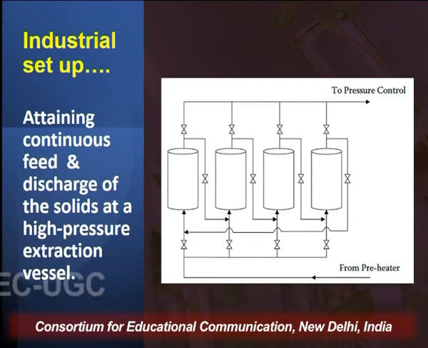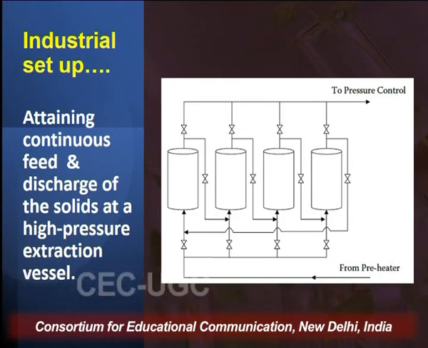Once the extraction is completed in vessel number 1, the extract exits that particular extraction vessel. Carbon dioxide is separated from the extract and recirculated back into the second extraction chamber. The extraction starts in the second vessel.